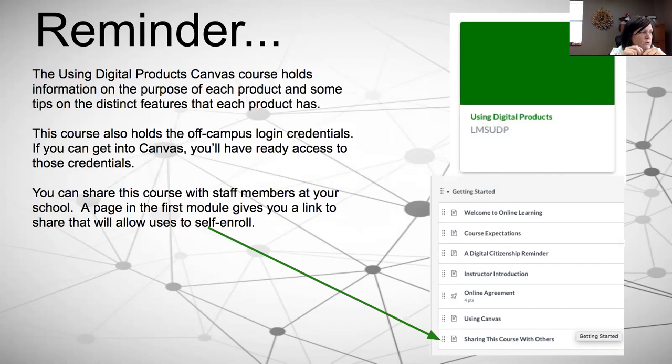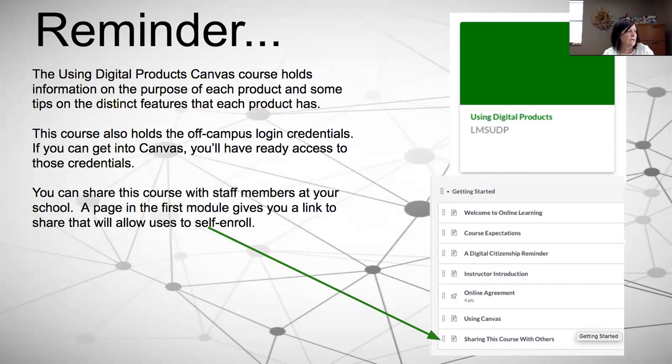Probably one of the most convenient things you'll find in there is a list of the off-campus login credentials. I hear people say a lot, oh my gosh, I was at home trying to plan, or trying to look for something, and I didn't have the logins, so I couldn't even get in and get what I needed.